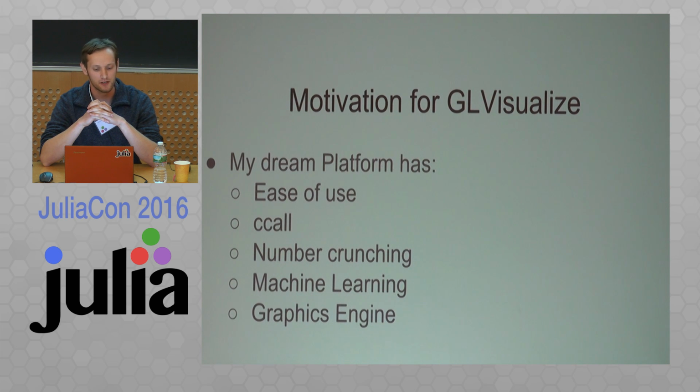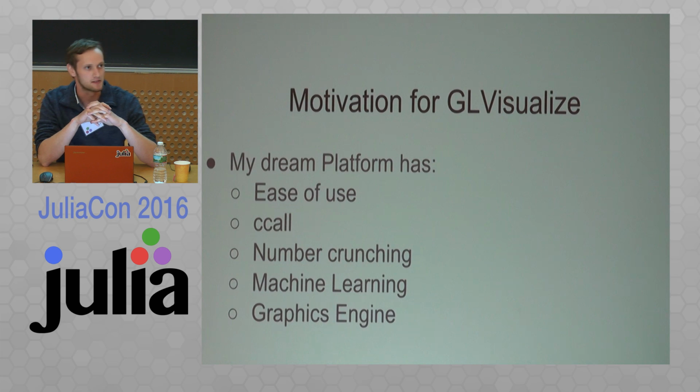And I think number crunching and machine learning are really fascinating areas which most of the apps of the future will probably use in one way or the other. So I really want to have this immediately accessible in the platform of my dream. And of course, a graphics engine to visualize all these kinds of different things for whatever reason.